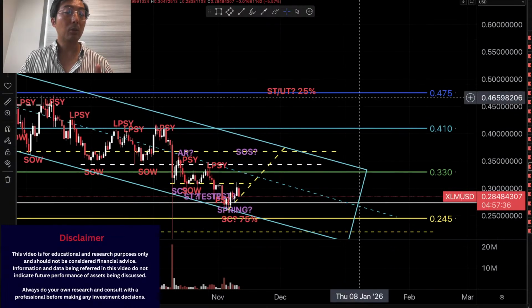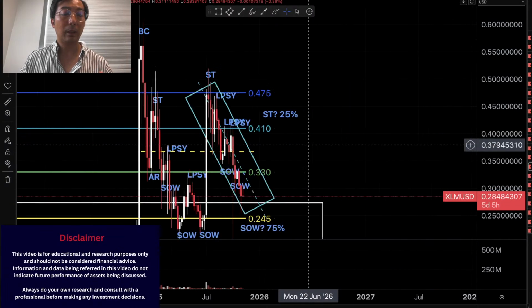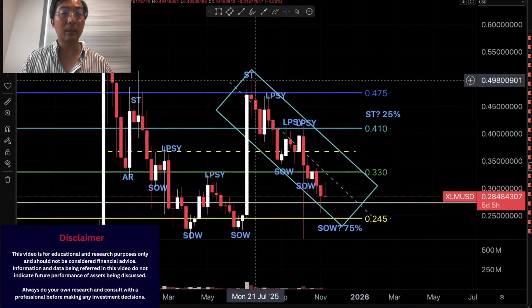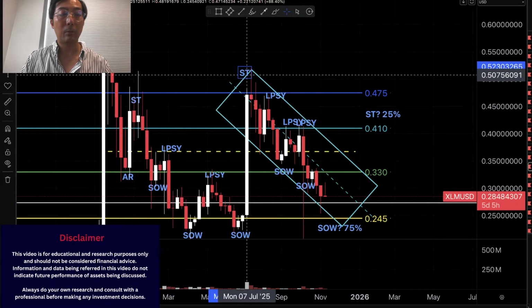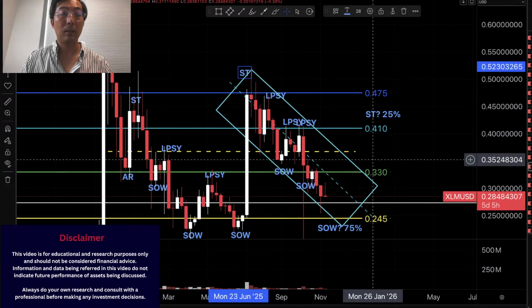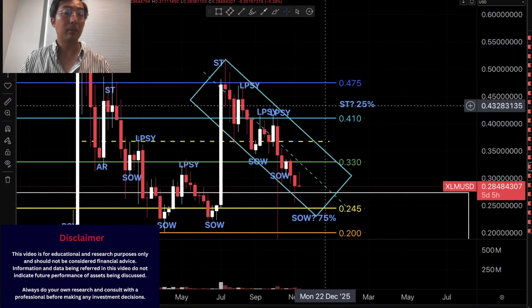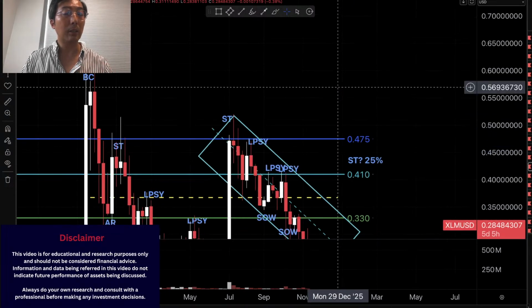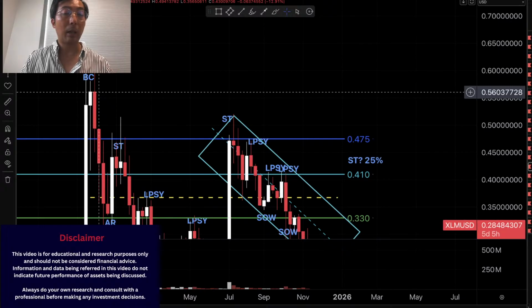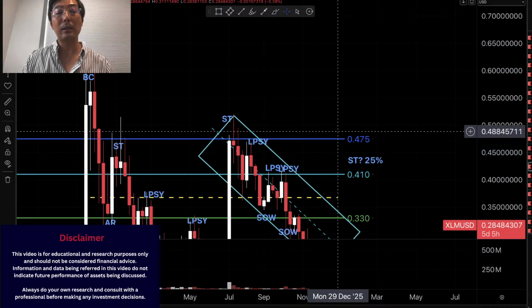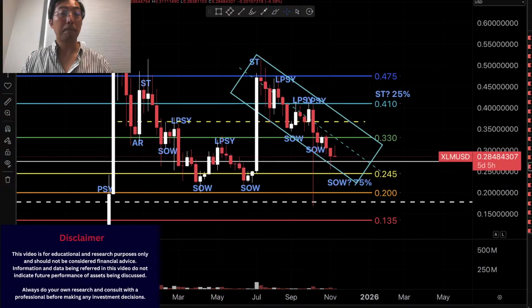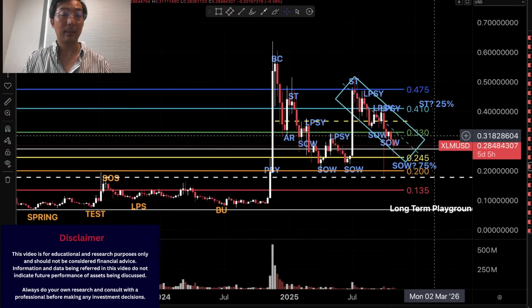Alright, so those 2 levels, if we look at here, that means it's going back to the second test level set back in July. Alright, this can happen, but if that's the case, or if it goes even higher to challenge this level where the buying climax was back in December 2024, that would potentially set an upthrust for Stellar, which isn't bad, but it's not something that's easy.